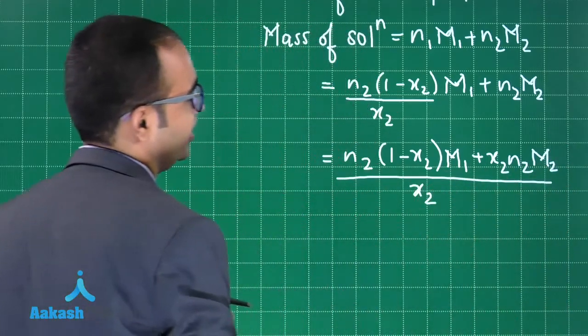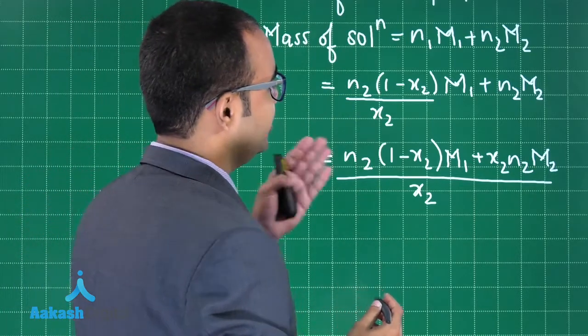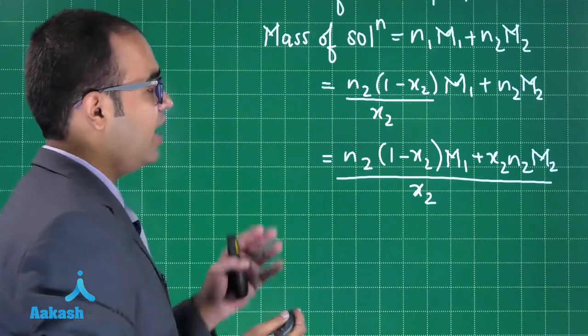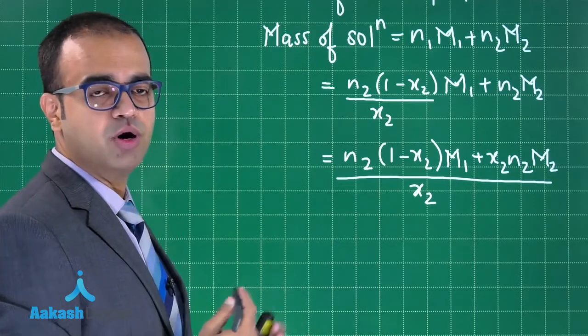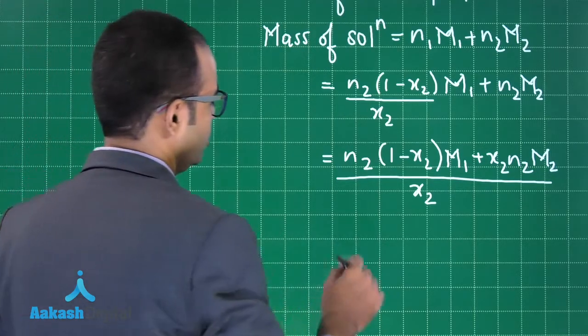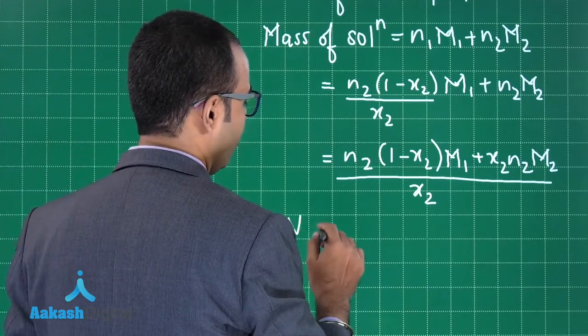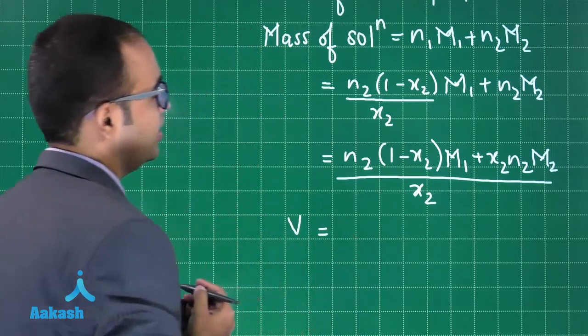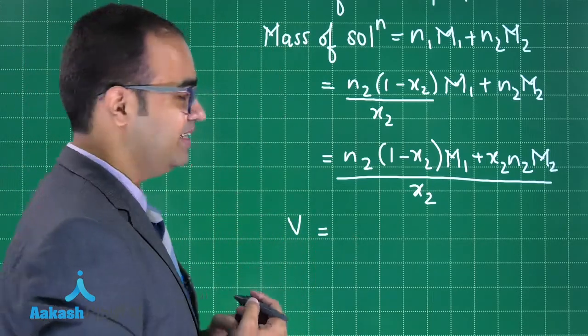Right, so now what you can do is you can convert this mass into volume. Okay, how do we convert mass into volume? We take help of density. Okay, so volume of the solution will be how much? Volume will be mass upon density, right?